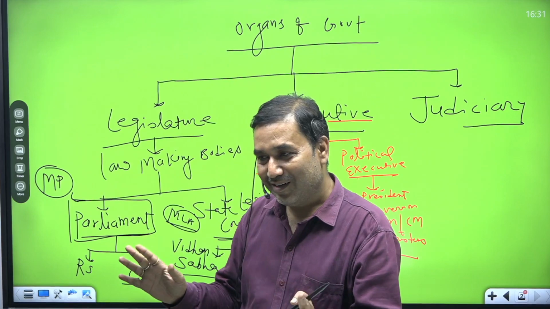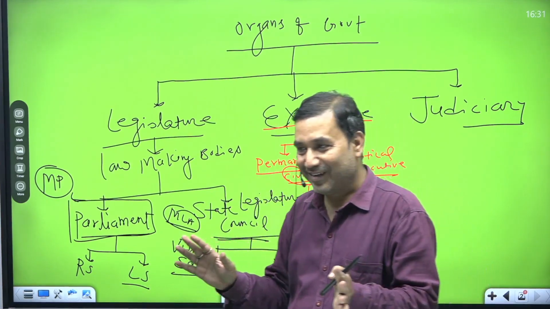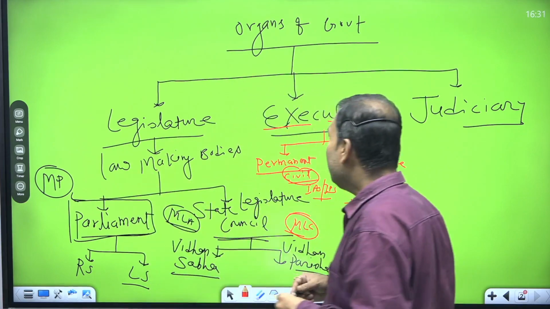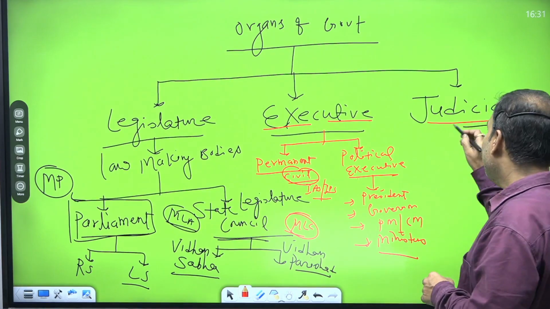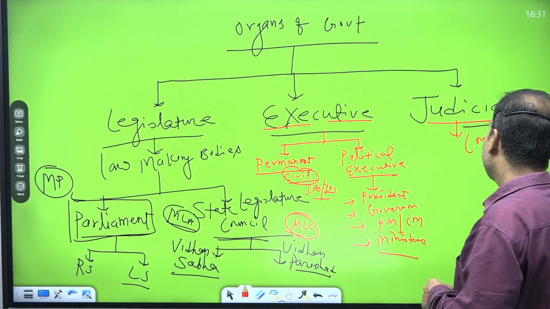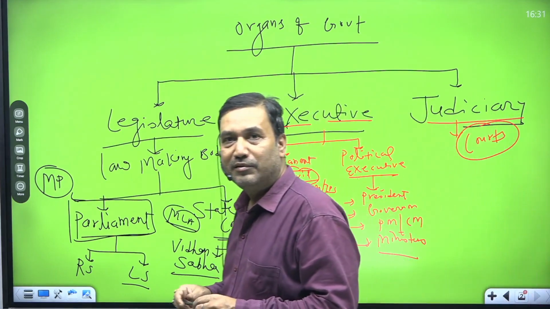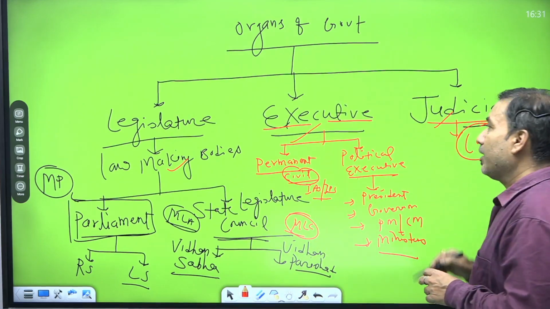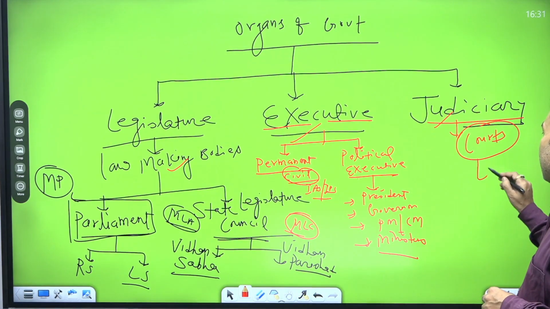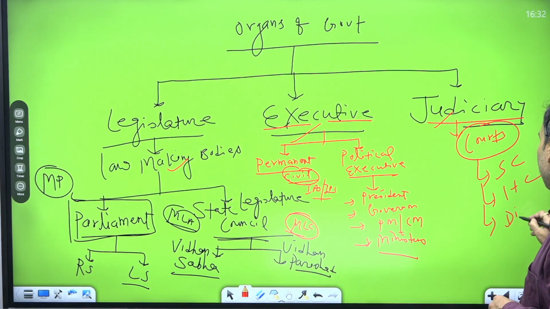Okay, right, understand? Any doubt? Clear? And the third is called judiciary. Judiciary, courts, protection to the laws. The law-making body is the legislature, the executive body is the executive, and protection to the laws is the judiciary, consisting of the Supreme Court, High Courts, and district courts.